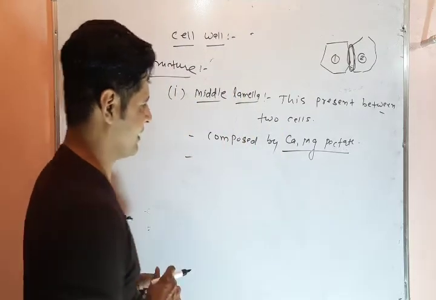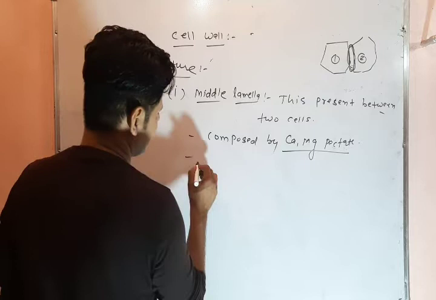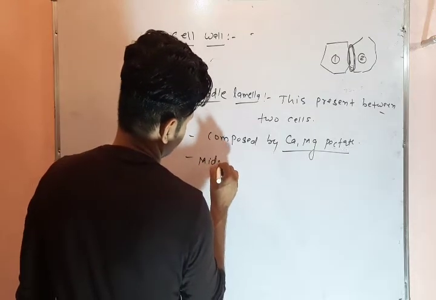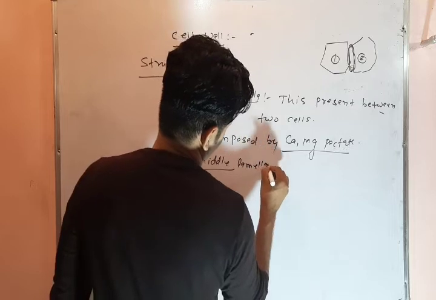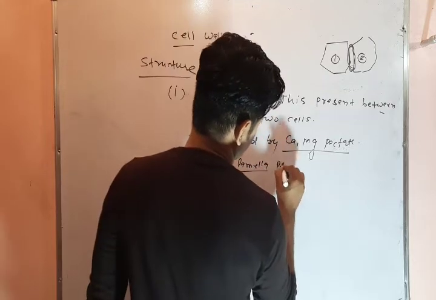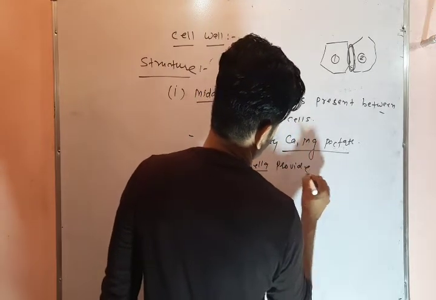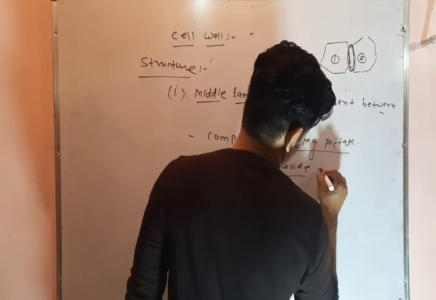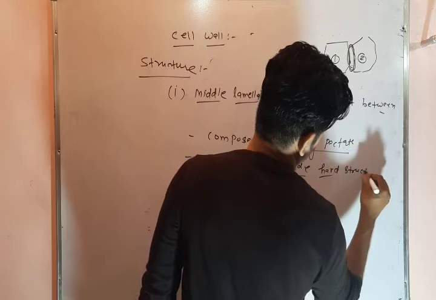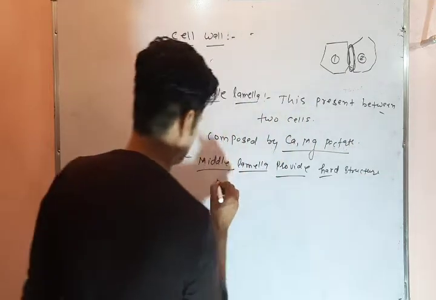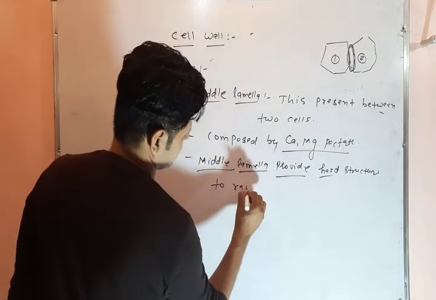So we can write that the middle lamella provides a hard structure to raw fruits.